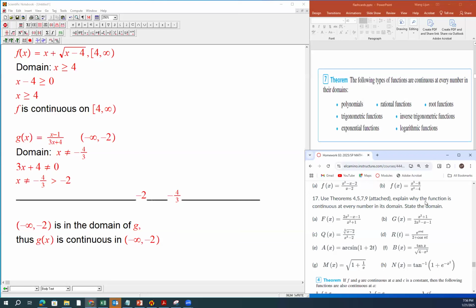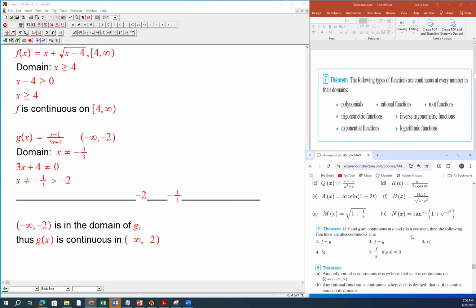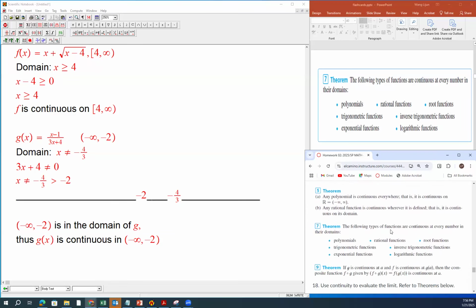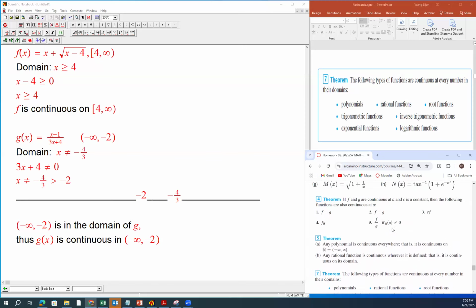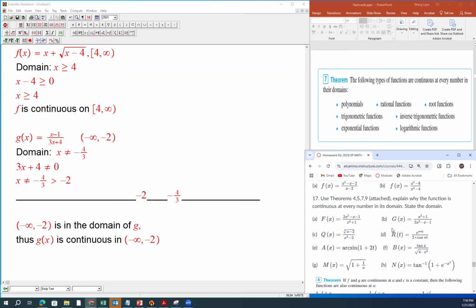So we basically use these theorems. In the homework part, I bring these theorems together for you so that you can make your case. You just learn to use these words. And of course, you have to identify the interval.